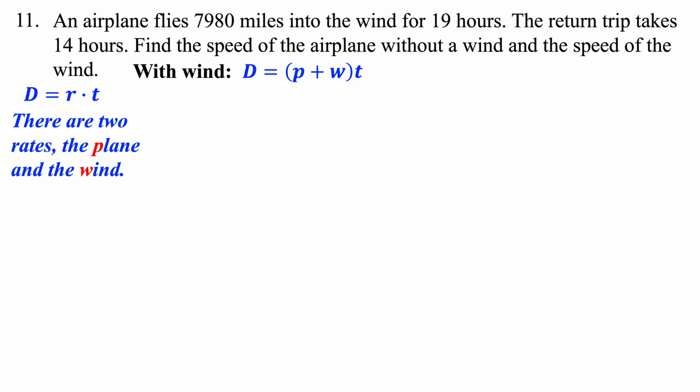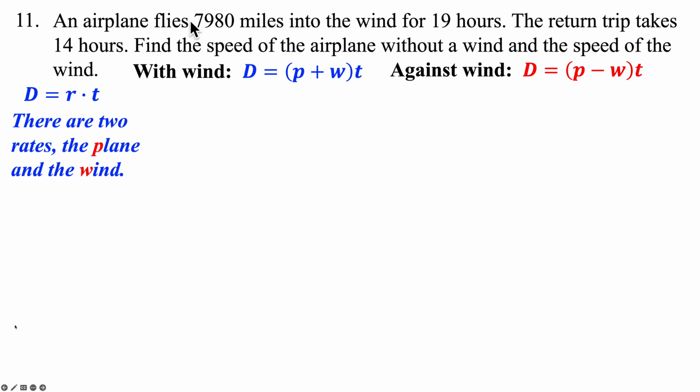My speed is now 320 miles per hour. If it's in reverse, now I'm 300 miles an hour in my plane, flying into the wind. Now I got to subtract 20 from my plane speed, and that puts me at 280. So with the wind, you always add the two rates. Against the wind, you always subtract. Remember, it's going to be P minus W, not W minus P. The wind can't be faster than the plane.